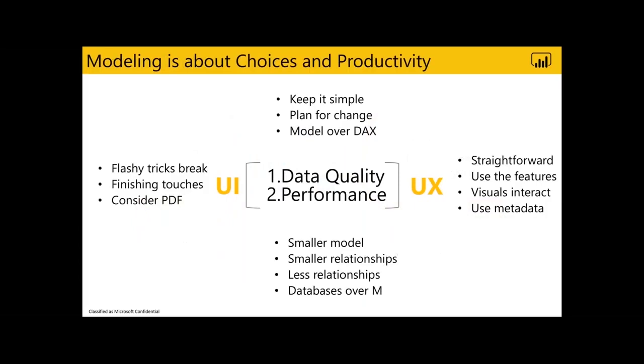So the principles that I typically follow in my head, and I try to convey to my clients, is that the number one thing is data quality, right? If you try to overwork your model for performance early on, you risk running into data quality problems earlier than you expect.